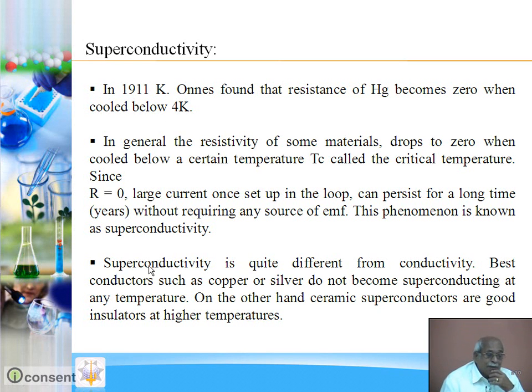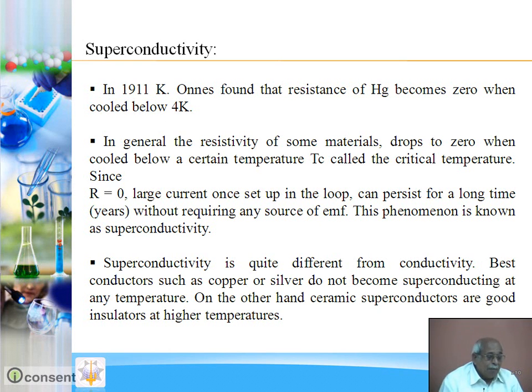Normal conductivity and superconductivity are quite different. The reason is, excellent conductors like copper, silver, they never become superconductor. Even if copper is cooled to any low temperature, it never becomes superconductor.